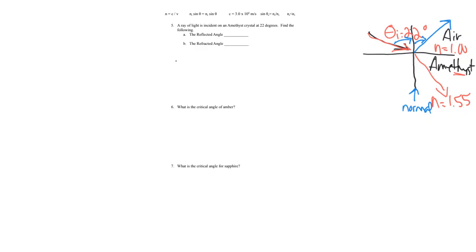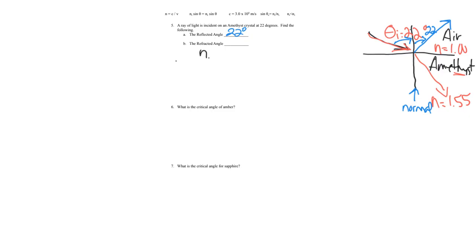So over here on the right, that's going to be my reflected ray. And the angle for the reflected ray is going to equal the incident angle, and that's going to be 22 degrees. I can then calculate the refracted angle using Snell's law.